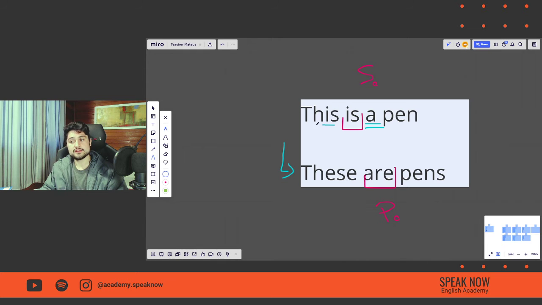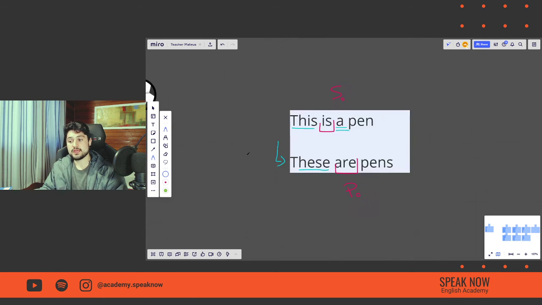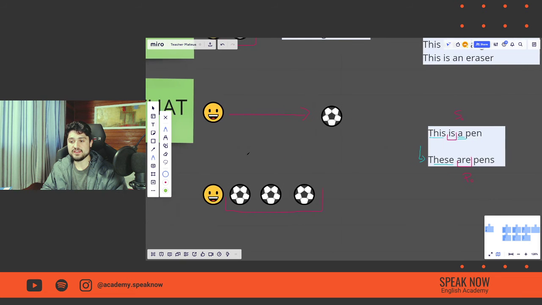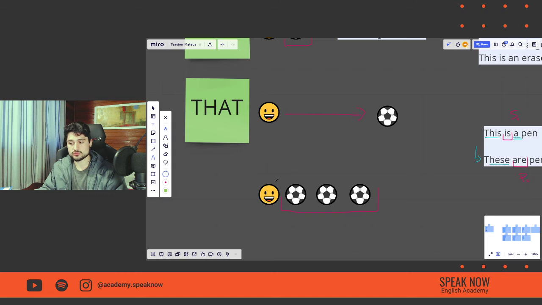Yes. There isn't much difference in the pronunciation between this and these. What really defines the sentence is the verb to be, because with this in singular we say is, and with these in plural we say are. These are pens. These are notebooks. These are chargers. And in this case, we would say these are balls. Yes, these are balls.